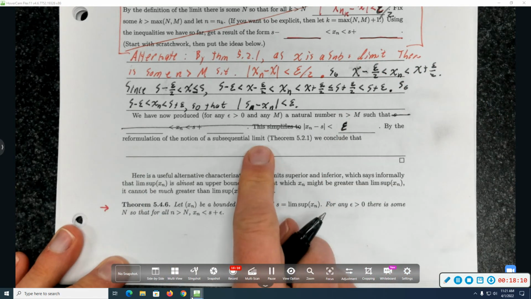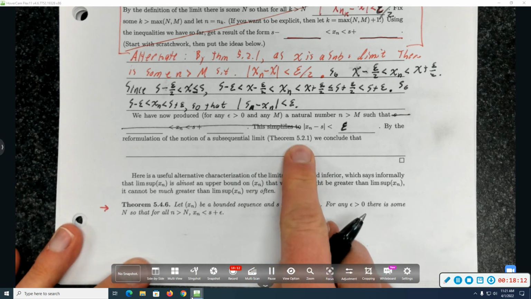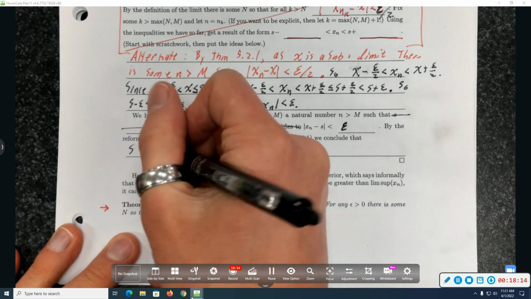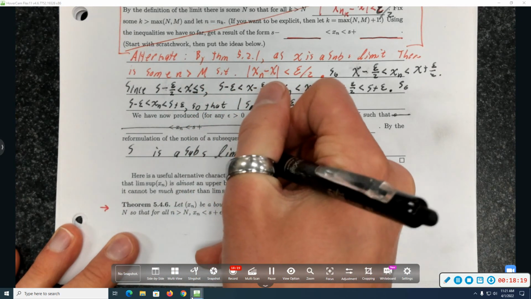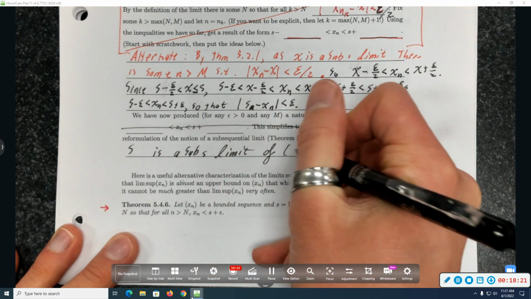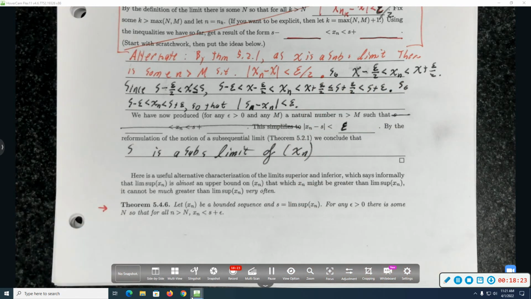By the reformulation of the subsequential limit, theorem 5.2.1, we conclude that s is a subsequential limit of xn. That argument feel pretty okay?